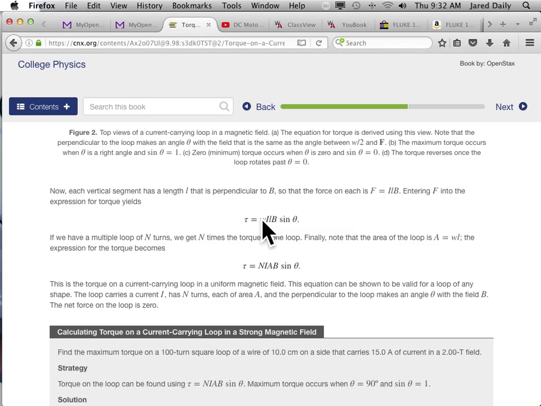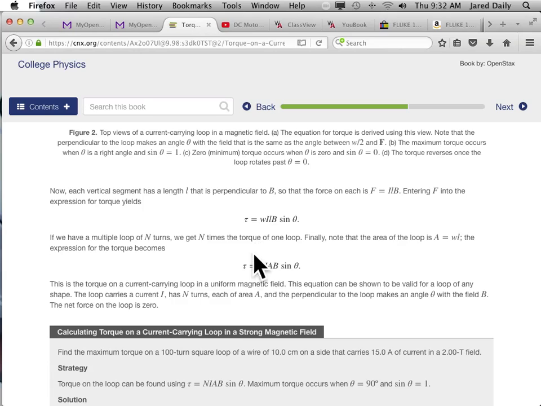And so you end up with the Lorentz force, which is ILB sine theta, but you have to multiply that by the distance to the center of the loop, which is half the width, times 2, because you have two forces. So it ends up just being the width. But then you have the width times the length in this equation. Well, what's the width times the length of a rectangle? It's the area of a rectangle, and it turns out it doesn't even matter if it's a rectangle. If it's a circle, this works as well.